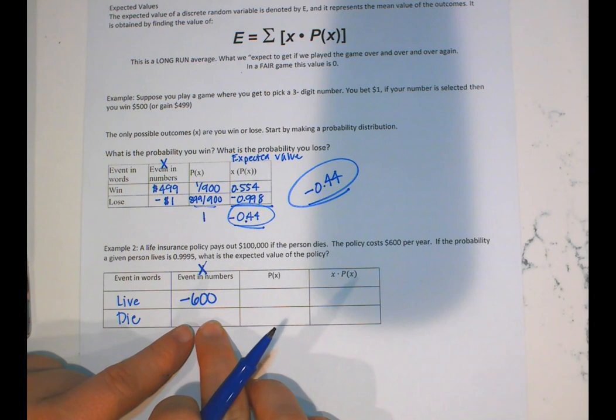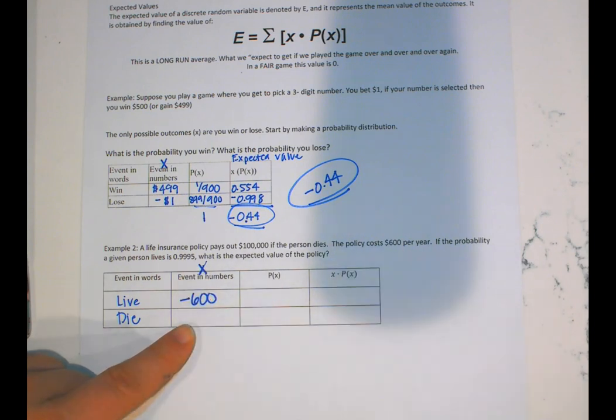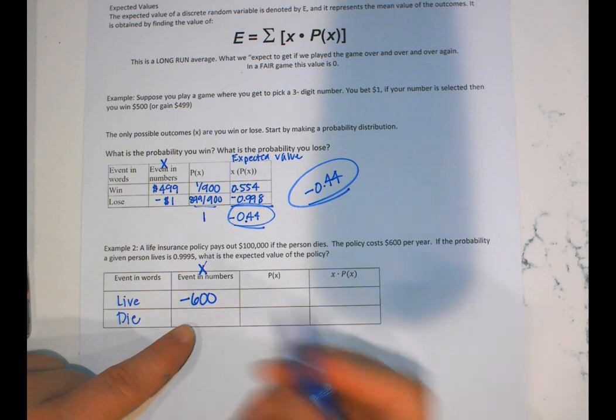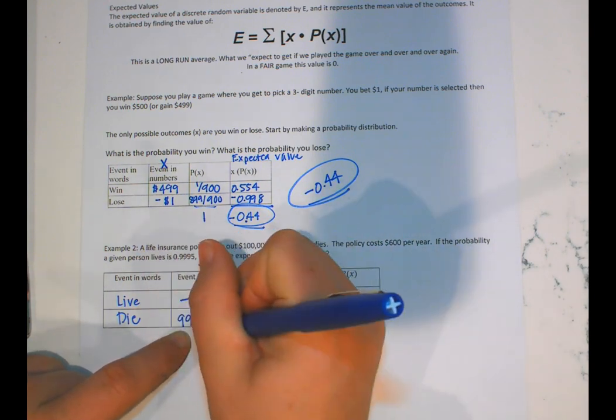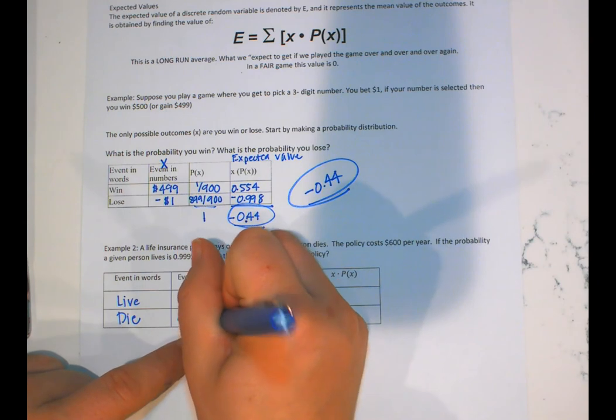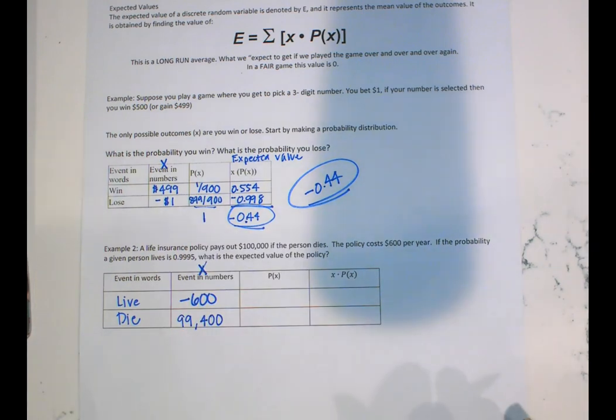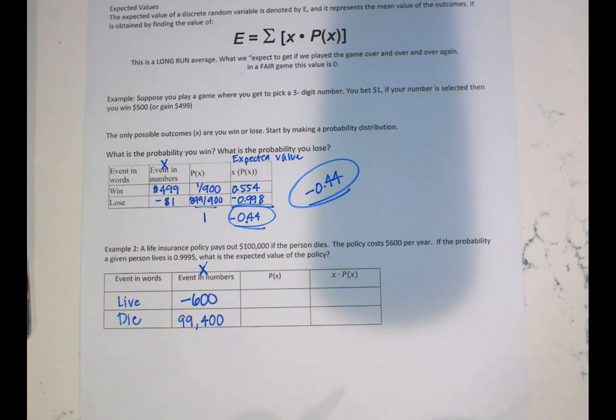It's $100,000 minus the $600 you put in. So if you do 100,000 minus 600, you would walk away with $99,400. Sorry. So this is the profit that you would be making since you put $600 in.